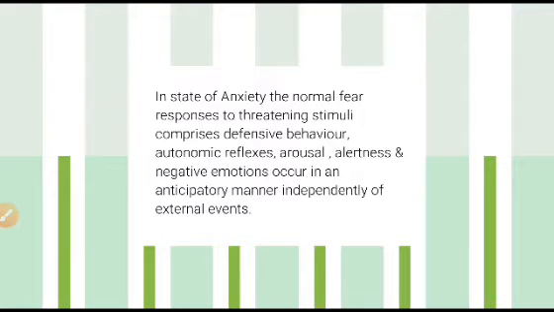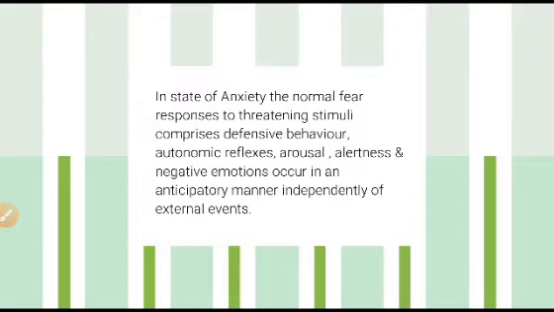There is another way to explain anxiety: in a state of anxiety, the normal fear response to threatening stimuli comprises defensive behavior, autonomic reflexes, arousal, alertness, and negative emotions, which occur in an anticipatory manner, independently of external events. Meaning what?